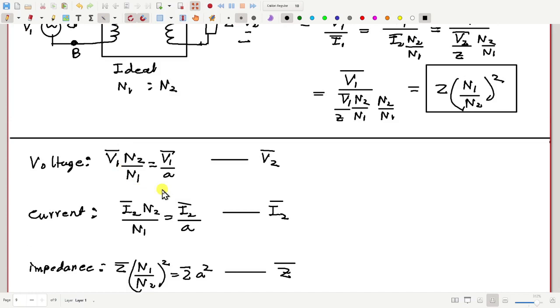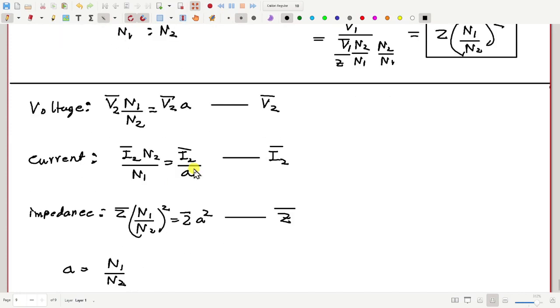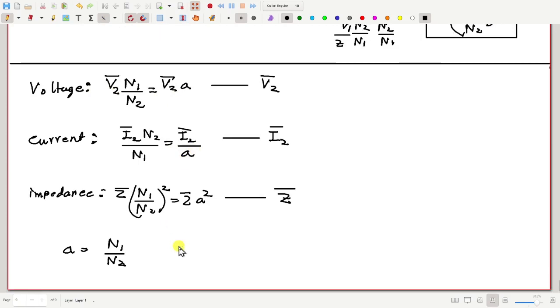Sir, it should be in terms of V2, right? The left voltage. Yes, I think, so this is right. V2, yes, N1 by N2. Okay. So voltage is multiplied by A, current is divided by A, impedance is multiplied by A square.